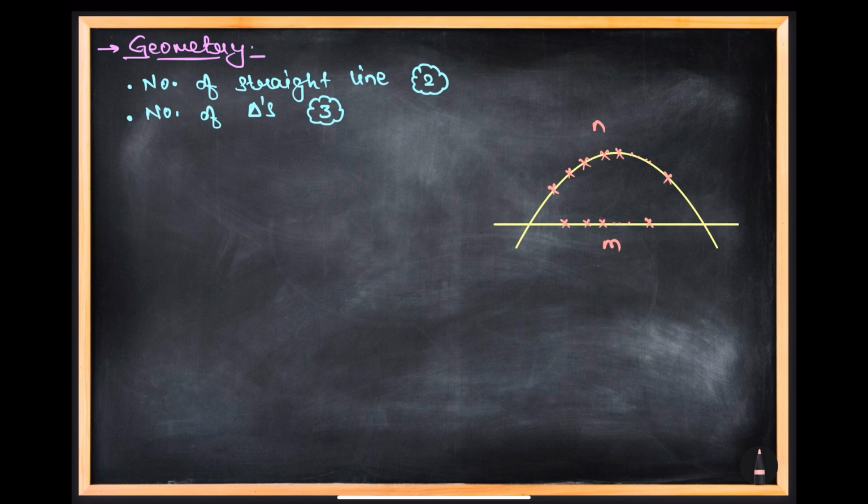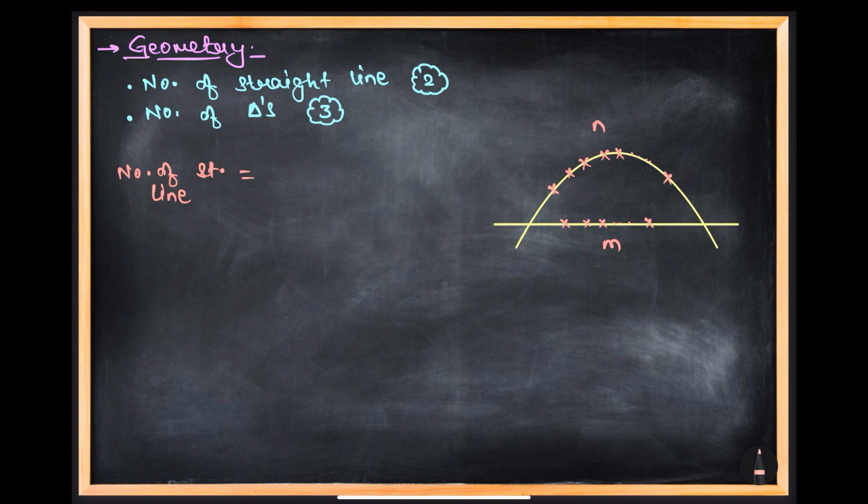Okay, so how will you respond to find out the number of straight lines? Look at this, number of straight lines. So the idea is, you know that you have to find 2 points, correct?